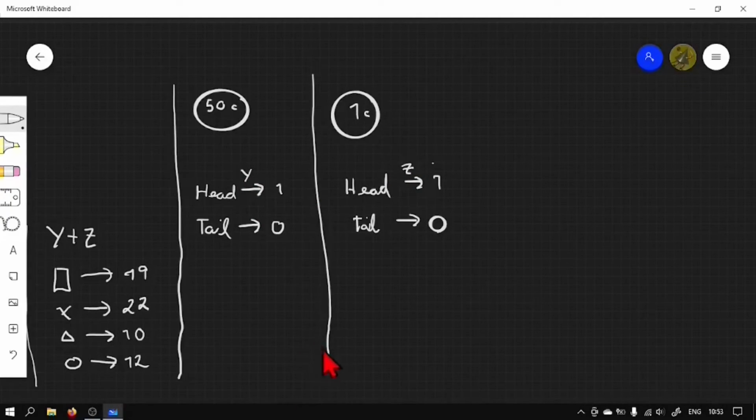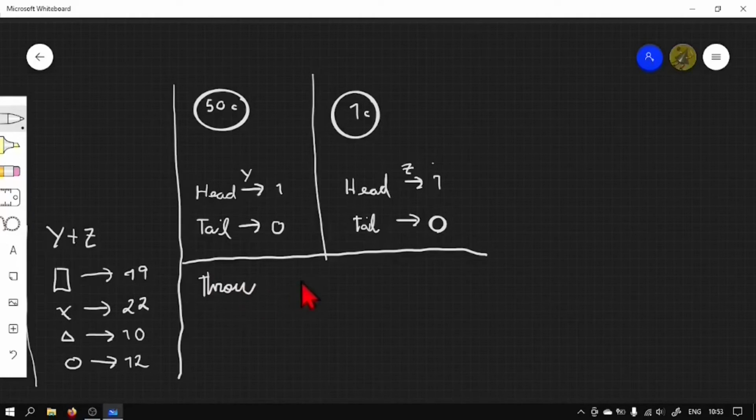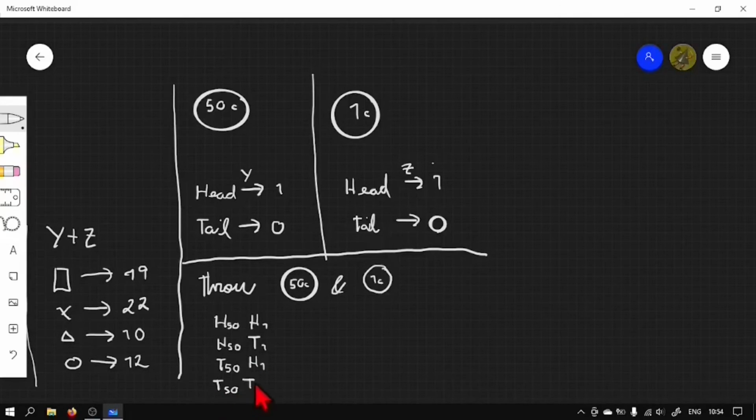But we can have a combination of these two experiments and say throw the 50-cent coin and the €1 coin. And now our experiment has grown. We have the head of 50, head of 1, head of 50 and tail of 1, tail of 50 and head of 1, and tail of 50 and tail of 1. And now this is all my new sample space.